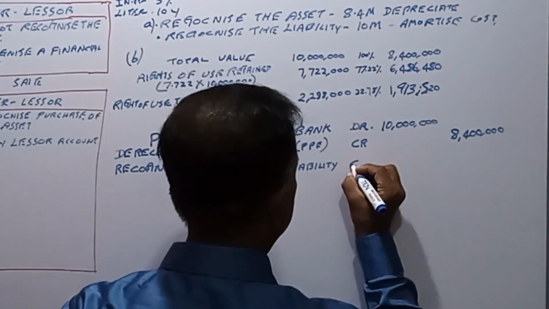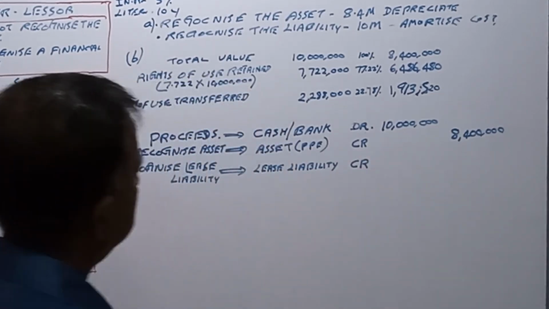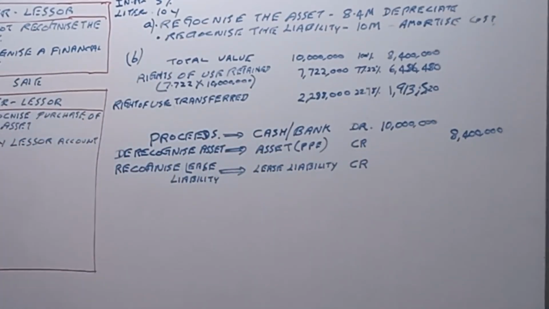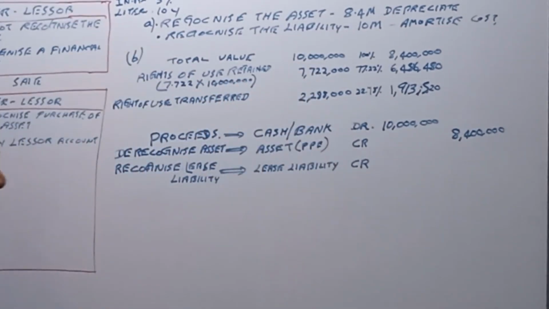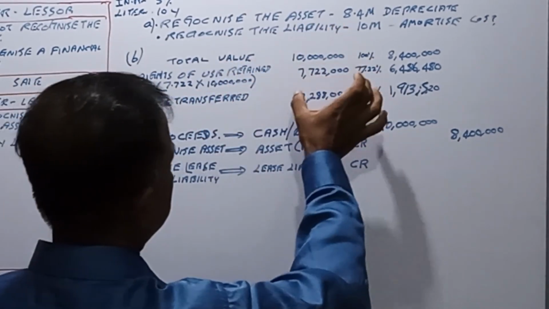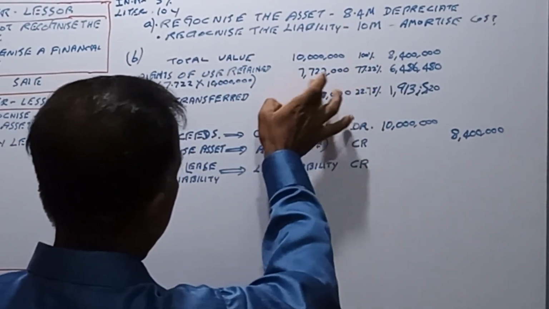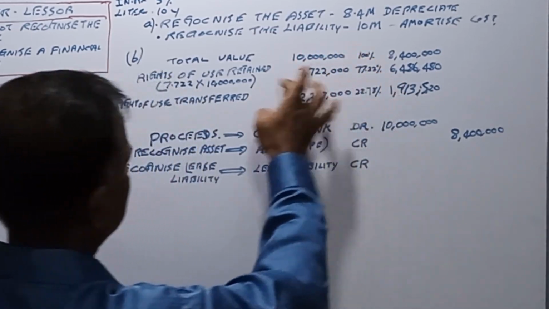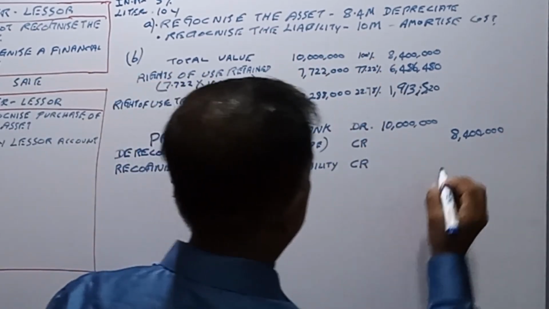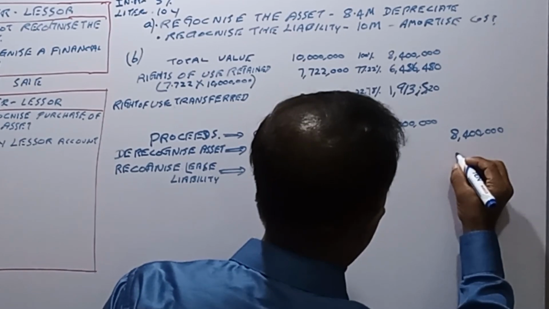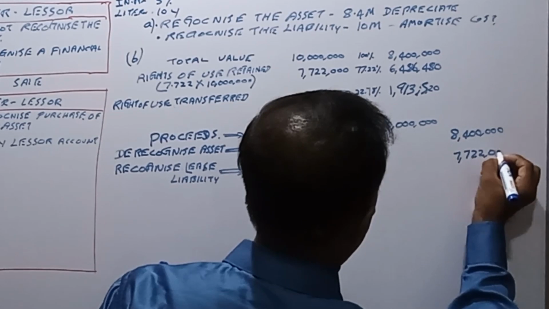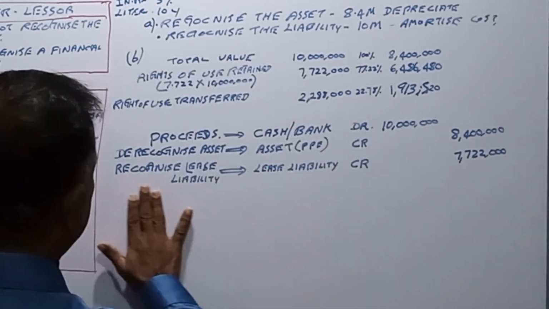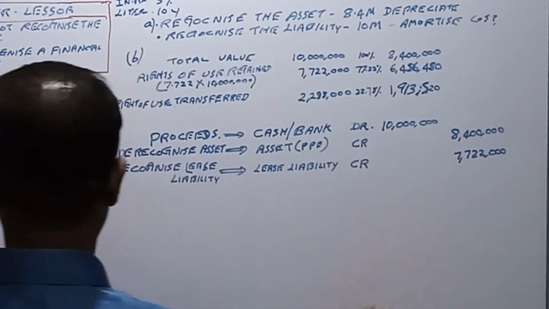Credit. The lease liability is the right of use retained. Our lease liability is 7,722,000. So this is the recognized lease liability.